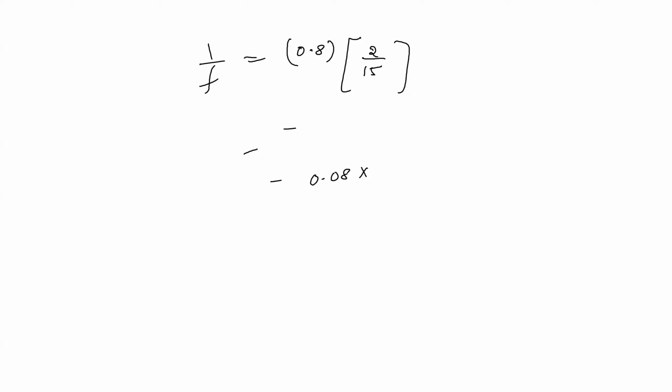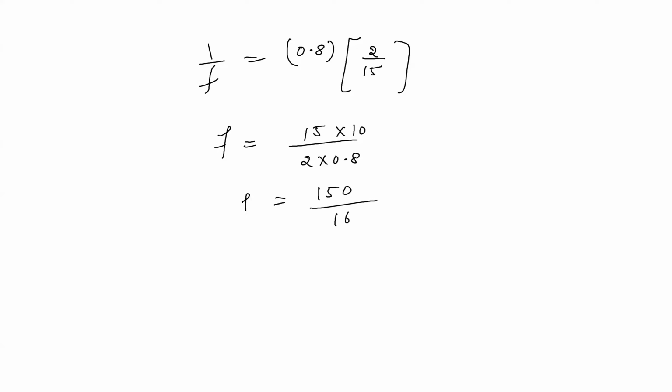So what does my focal length come out to be? My focal length comes out to be 15 over 2 into 0.8. So that's going to be 150 over 16, which is 75 over 8.